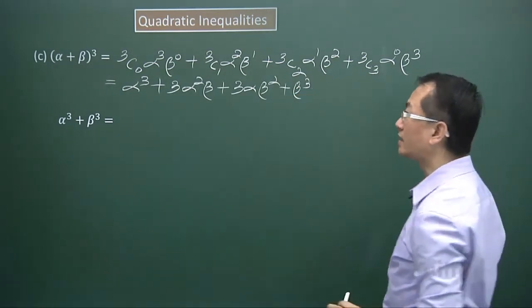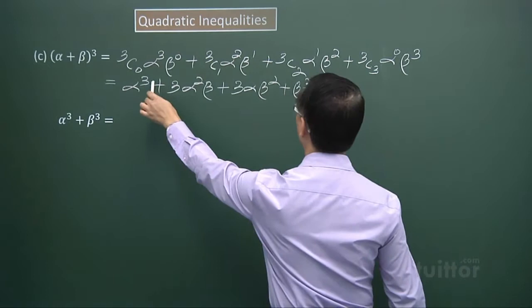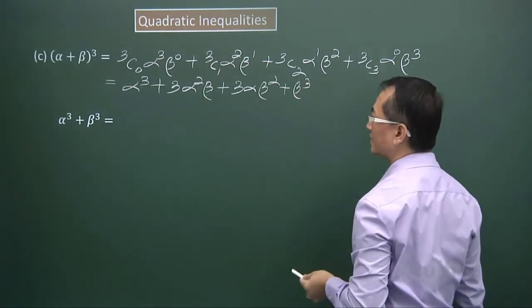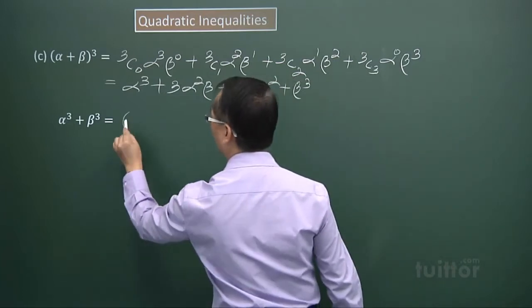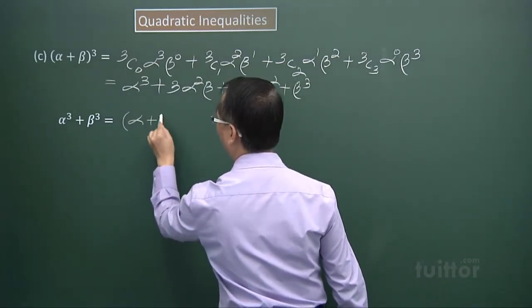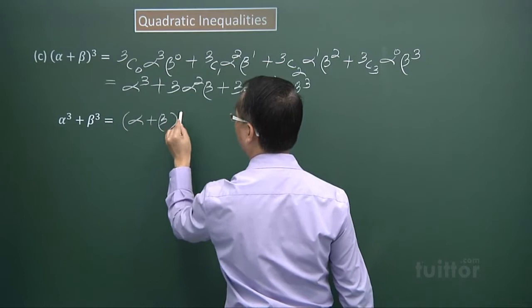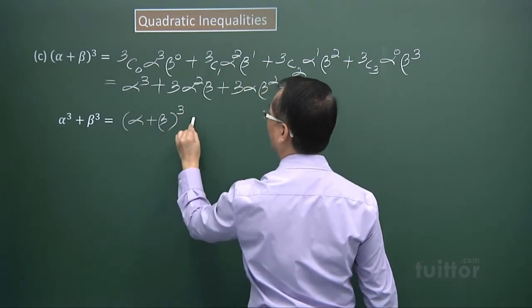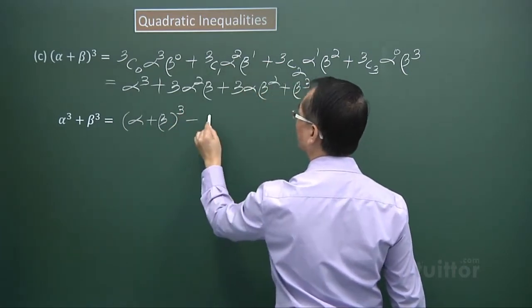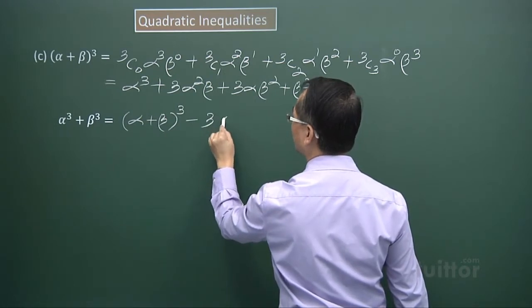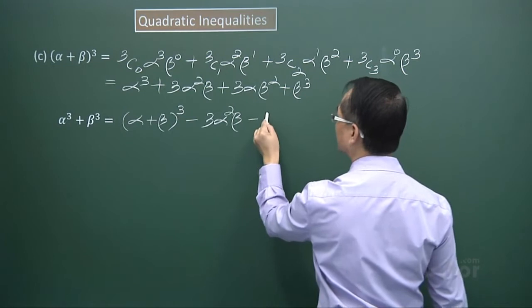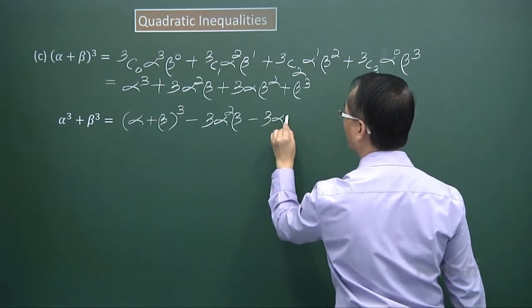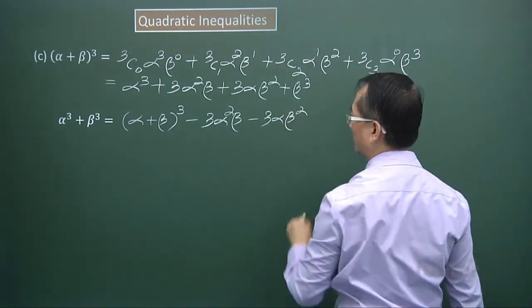So to make alpha cube plus beta cube the subject, I would have the cube of alpha plus beta, then take away 3 times alpha squared times beta, minus 3 times alpha times beta squared.